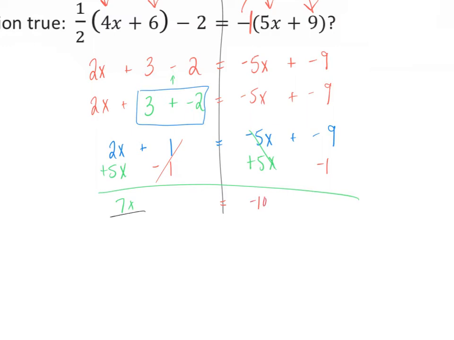Okay, last step is to get this x by itself. Over here it cancels. Over here, negative 10 over 7. It's the same as negative 10 divided by 7. You could do that and get a decimal, or you could write this as an improper fraction. I get negative 1 3/7.